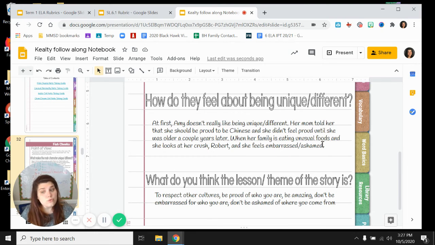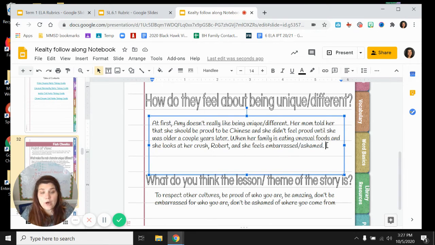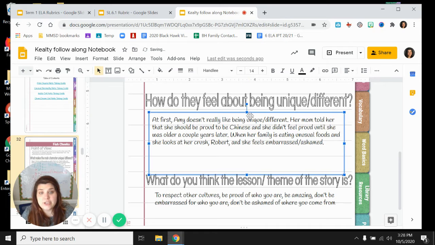I could use the example of her being silent for the rest of the night. I could use that exact quote and say that she doesn't specifically say she's so embarrassed, she's quiet for the rest of the night. But the language in the text shows us how embarrassed she is about being different. And we can infer that she's so embarrassed she won't speak for the rest of the night.